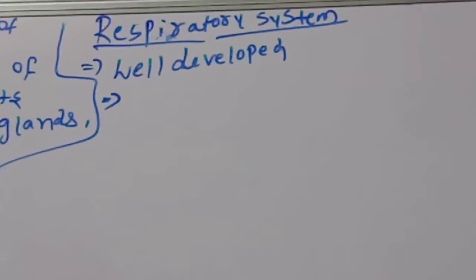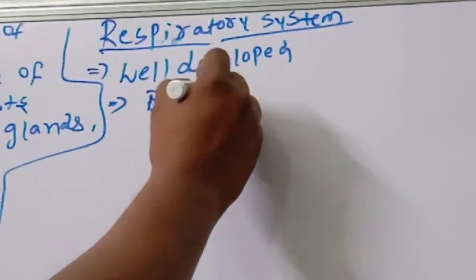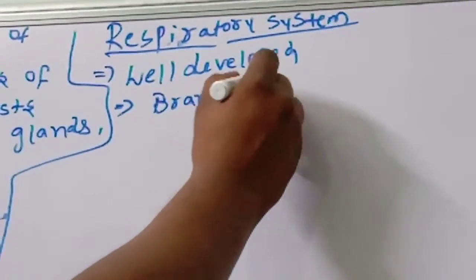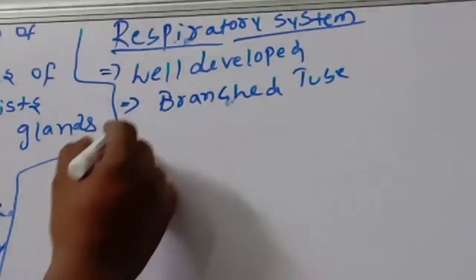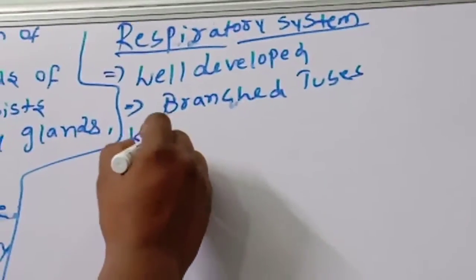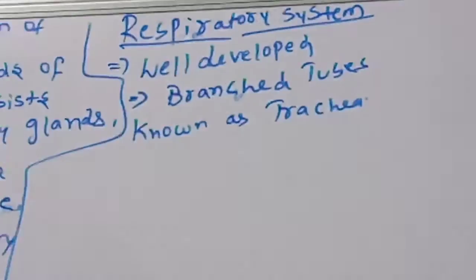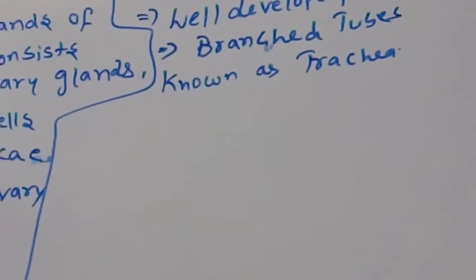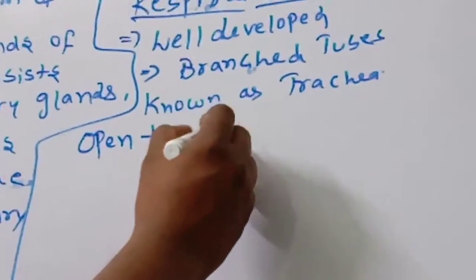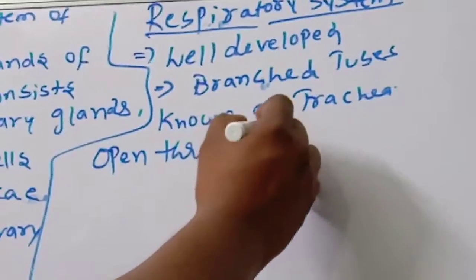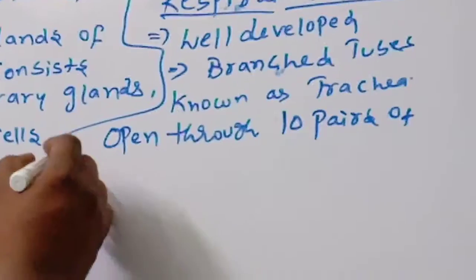Next, branched tubes called trachea will be there. The branched tubes, known as trachea, open through 10 pairs of small holes.